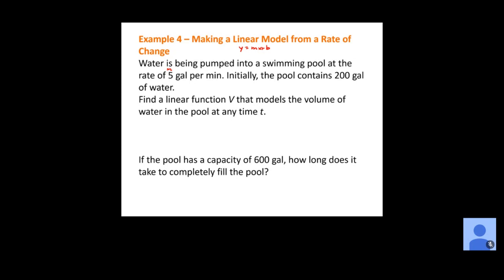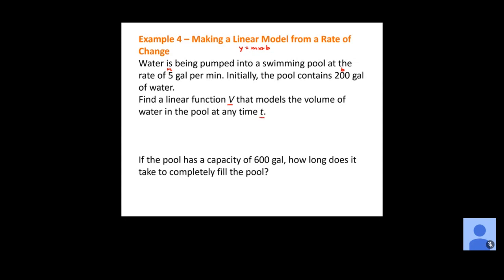And then there's initially 200 gallons of water in that pool. That's going to give us our starting point. That's the y-intercept. So 200 is actually the b value this time. And now in this case, we want to make sure we're using the variables they give us, right? So they've asked us to use v to represent volume, t to represent time.